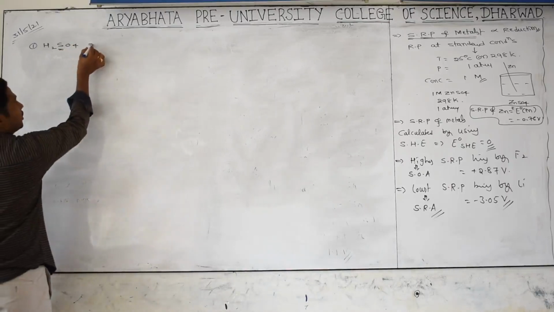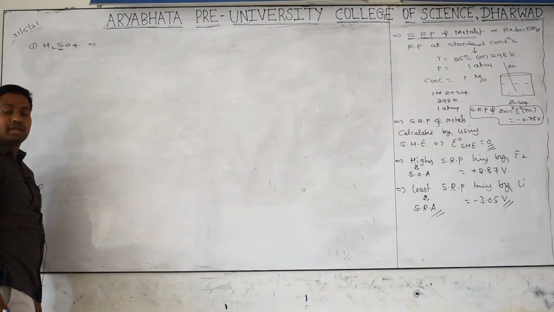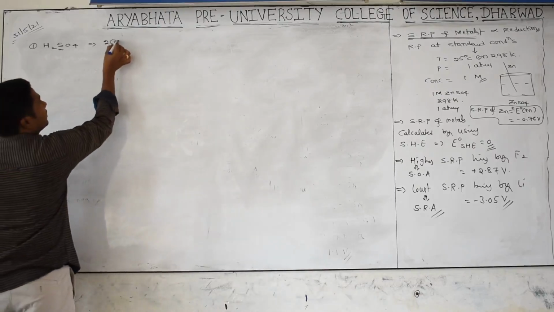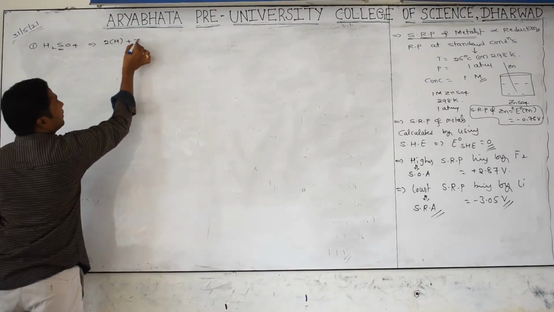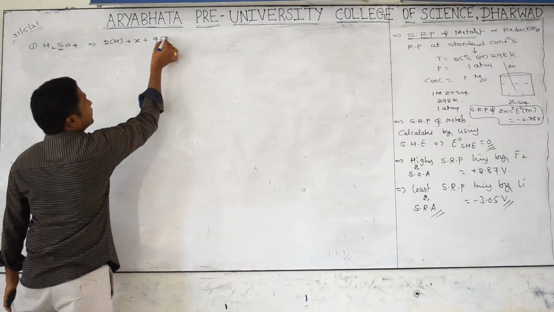Okay, it is a neutral molecule. What is the first rule? The sum of the oxidation numbers of all atoms in a neutral molecule is equal to 0. Here, 2 hydrogen atoms are there, and the one whose oxidation number has to be calculated is taken as X. 4 oxygens, 4 into the oxidation number of oxygen.